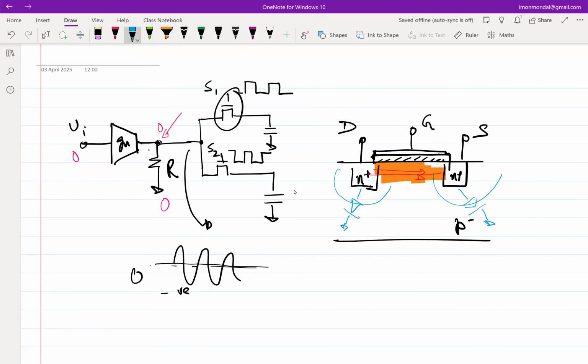Which essentially means that, and when can it go forward biased? Because this is grounded, the body is grounded, right? When this guy goes negative, then you have a problem, right? Sorry, it's opposite direction.